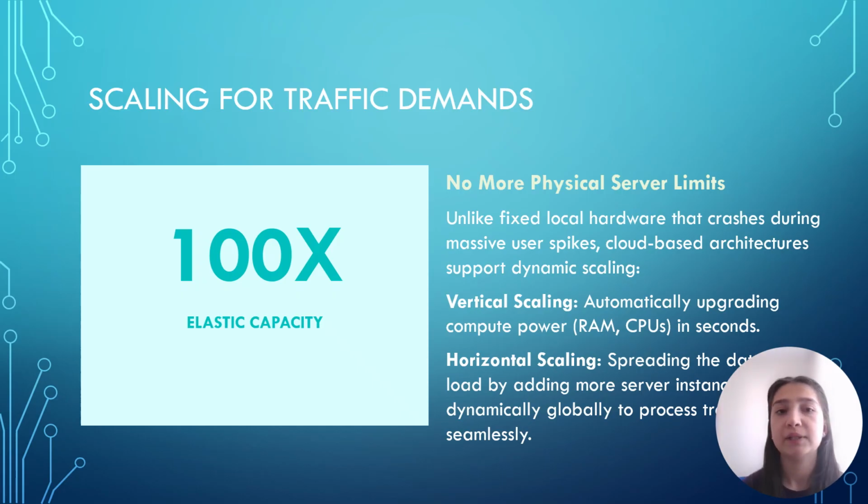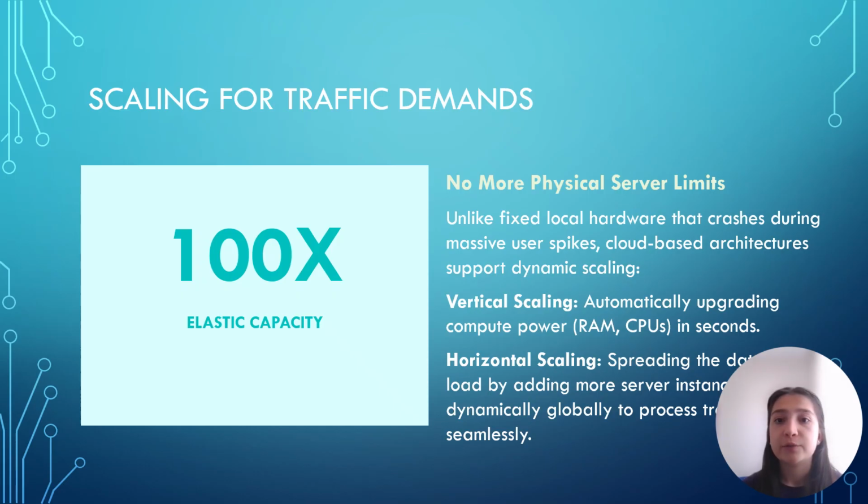Now let's dive into the core of our topic, the advantages. The single biggest reason companies migrate to the cloud is elastic scalability. Imagine you run an e-commerce website, and during Black Friday, your traffic multiplies by 100 times. If you have a traditional local server, your database will likely crash because it cannot handle the sudden load.